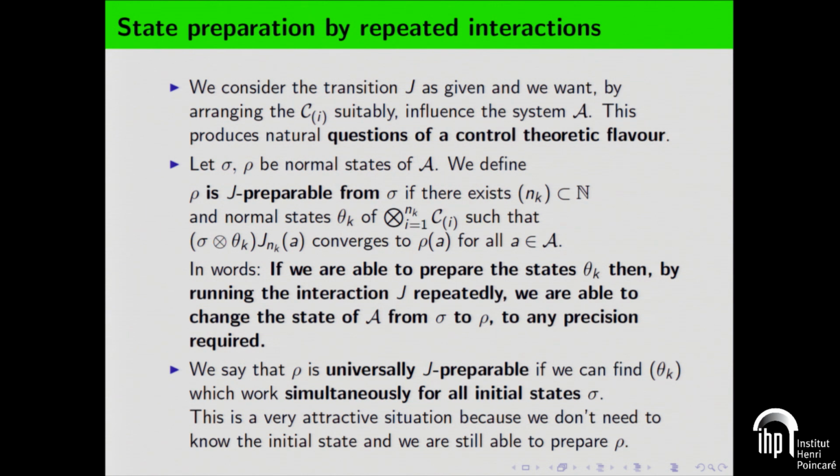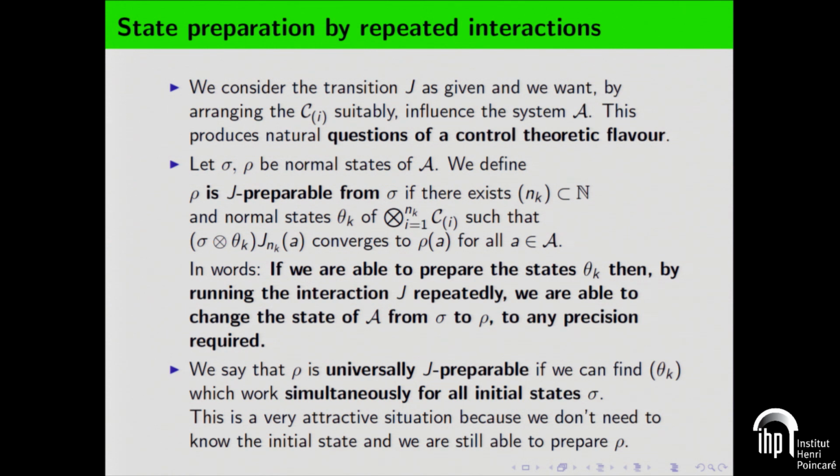So this is what you can choose. You should think that you cannot directly influence the system A, but you can prepare these systems C. So you are able to prepare these theta_k's, and by using the interaction, you change what you have in the system A. That's the idea.